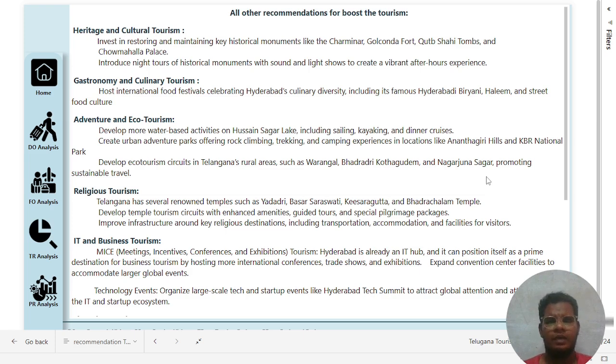We have to look at it and keep promoting and enhancing things little by little, so we can be capable of welcoming a lot of people into tourism, because in Hyderabad as well as Telangana, there are a lot of historical monuments as well as architectural monuments. We have to be proud of that, and it's a very amazing thing.